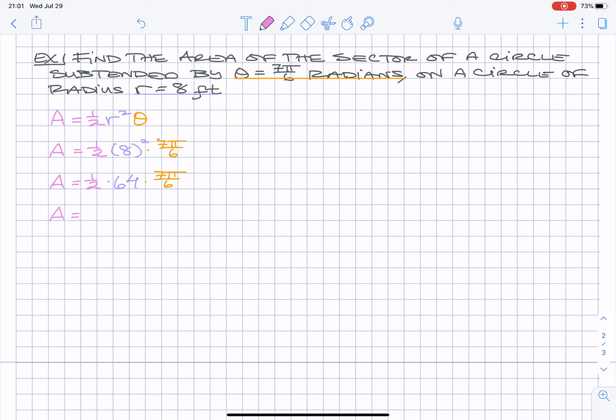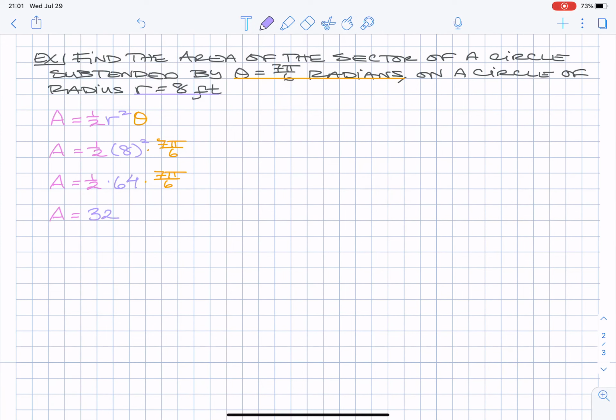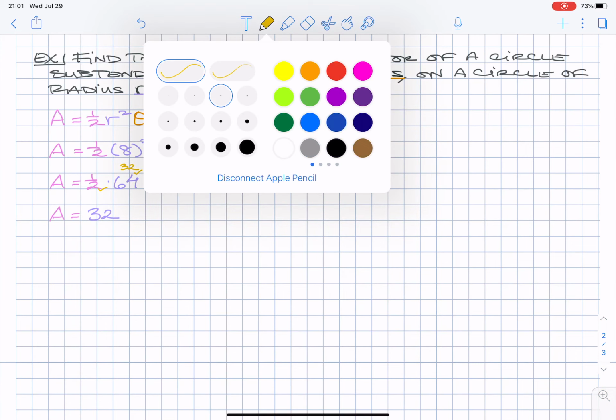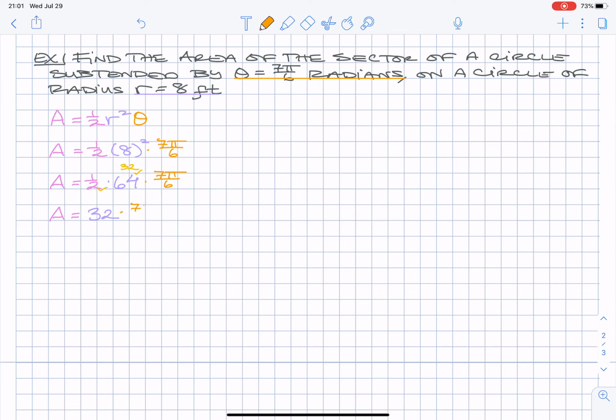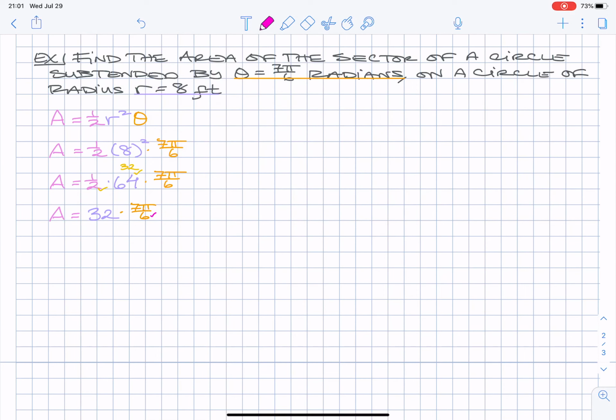So that's going to be 32 if I simplify. 2 goes into 64 32 times, times 7 pi over 6. Does 6 and 32 reduce? They're both even, so I claim that this can reduce to 3 and this can reduce to 16.